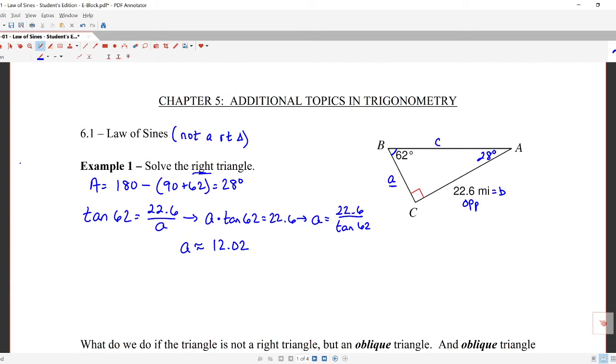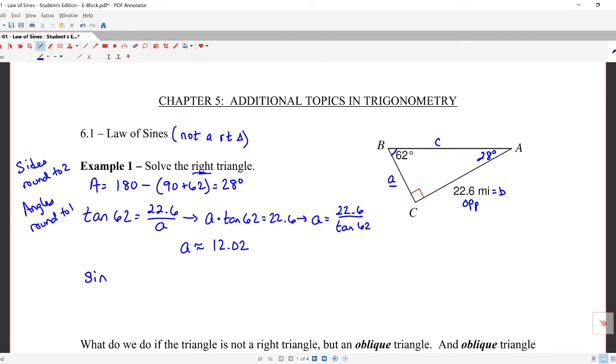Generally speaking, we're going to take sides and round to 2 decimal places, and angles generally rounded to 1. So A is 12.02. Now let's go to C. But again, we're still using the angle. We're still using the opposite. C is the hypotenuse.